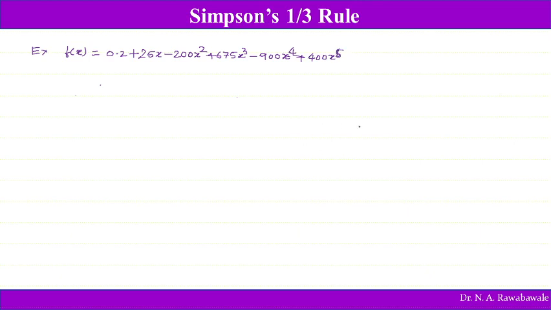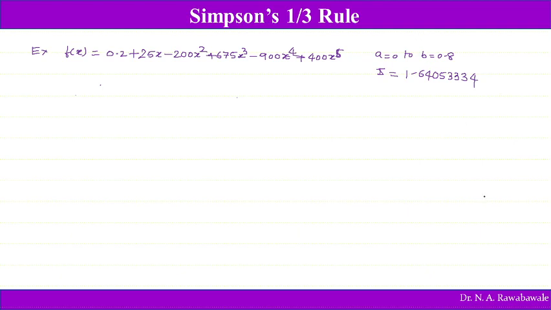So we want to integrate this in the interval a is equal to 0 to b is equal to 0.8. The exact integral is also known. That is, exact integral I is equal to 1.64053334.